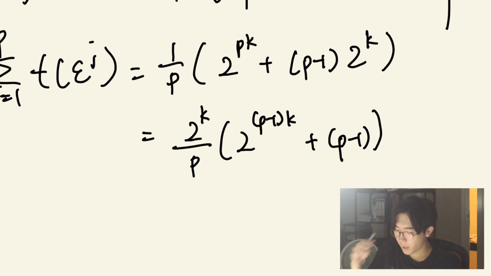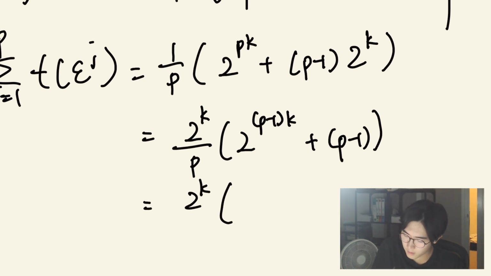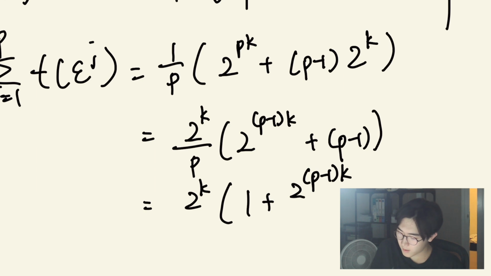And we can once again divide throughout to get 2 to the power of k, times (1 plus (2 to the power of (p minus 1)k minus 1) over p).